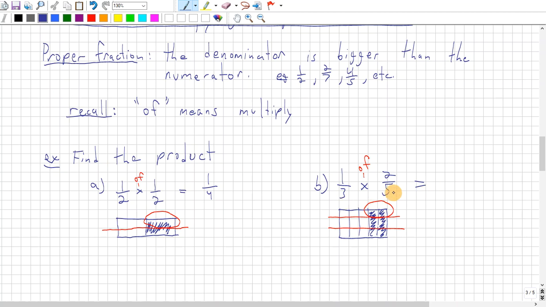So one section has 2 out of a total of 15. Okay, so you can kind of see how we can cut diagrams up to solve multiplication of fractions. Not the best way to do it, but an okay way to visualize.